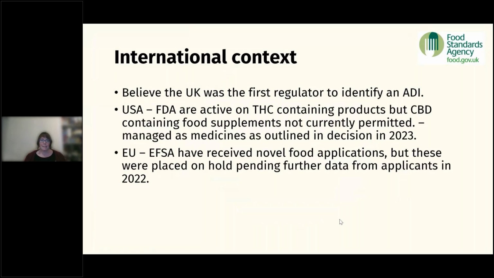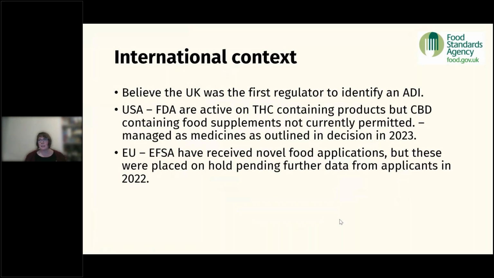In terms of the EU, we know that our colleagues in the EU and EFSA have received a significant number of novel food applications, but many of these were placed on hold back in 2022 pending further data that was needed. And it's interesting to see in their statement that some of the areas of uncertainty and where they think there's further data needs very much reflects both the view of the CAT back in 2020 and also the statement that was issued by the FSA Scientific Advisory Committees last year.